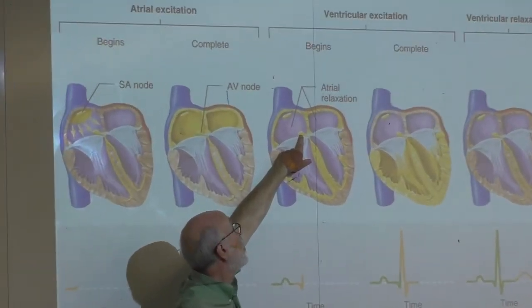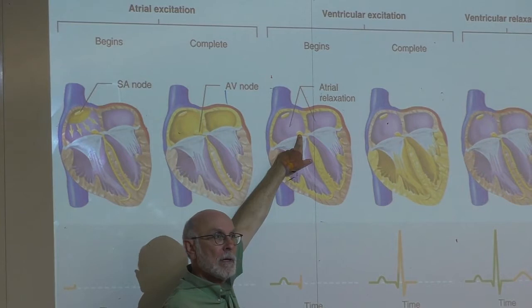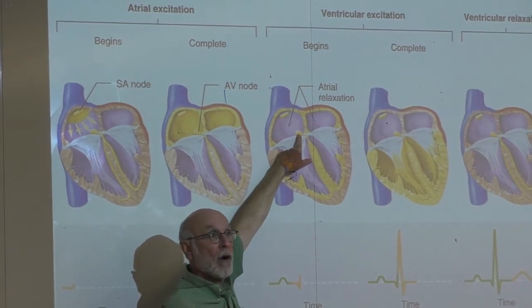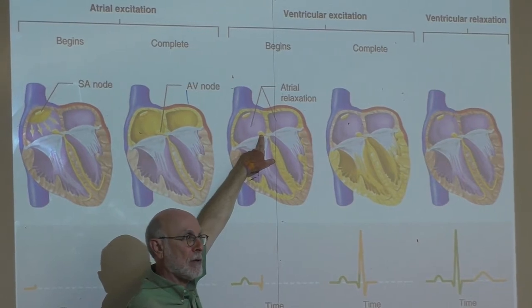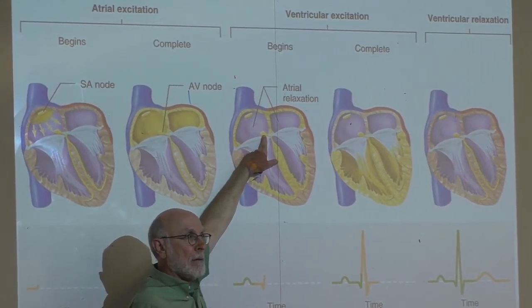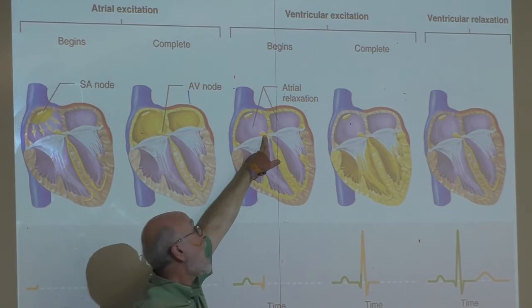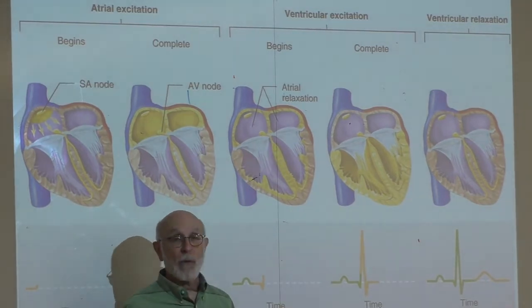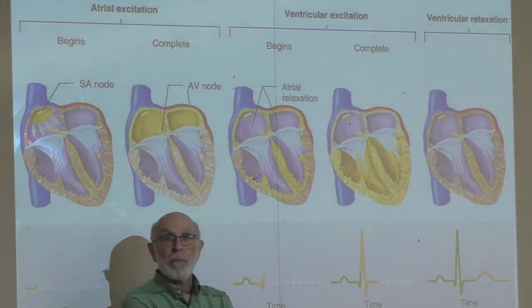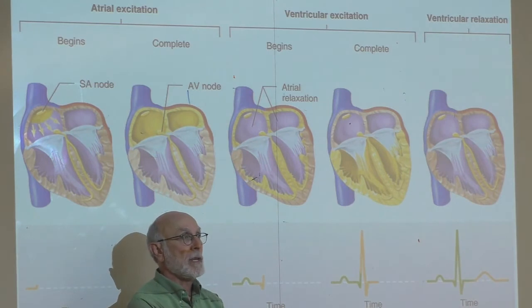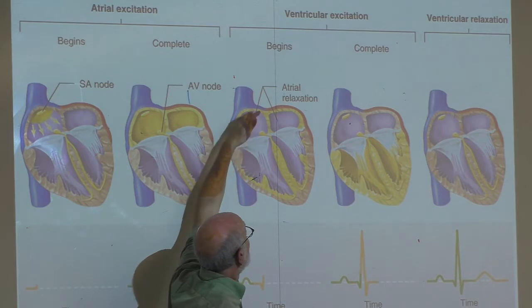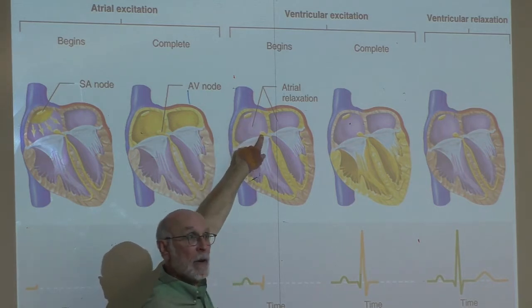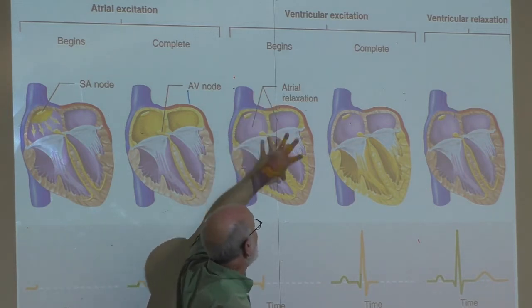The AV node is the gateway for electrical activity to spread from the atria to the ventricles. Normally. There are abnormalities that have abnormal gateways that give rise to abnormal heartbeats, and those are called arrhythmias or dysrhythmias. But normally, the AV node is the gateway for electrical activity to spread from the atria to the ventricles.